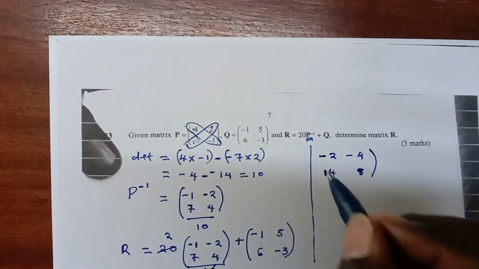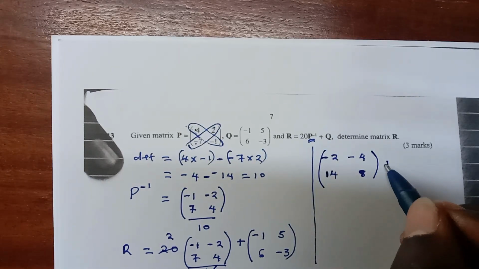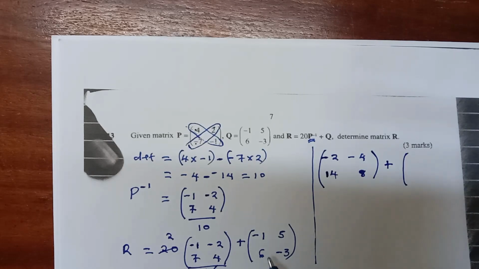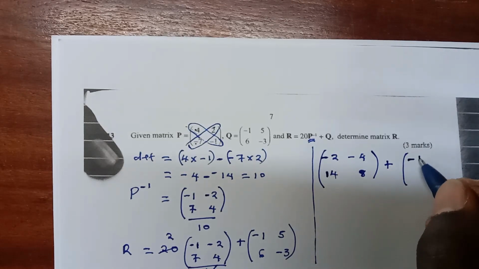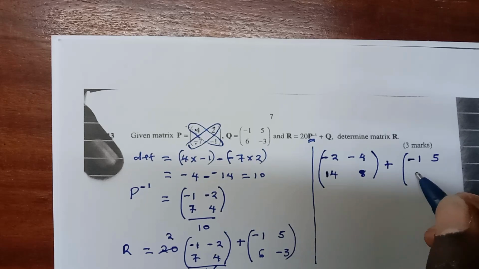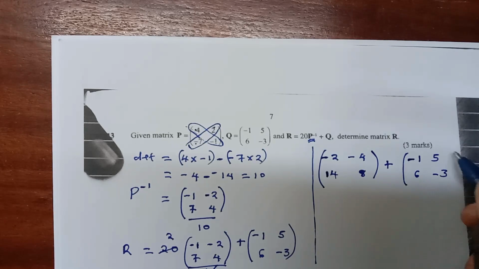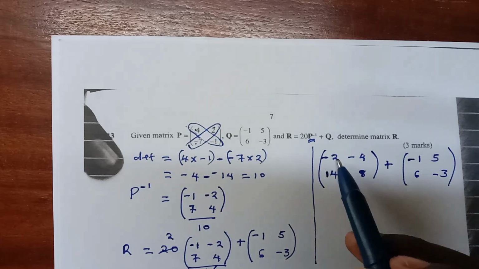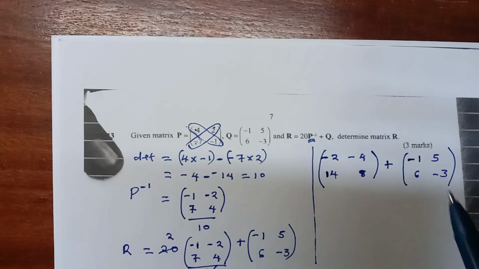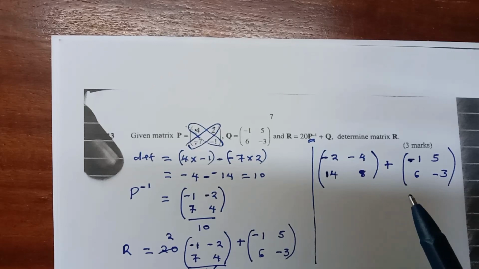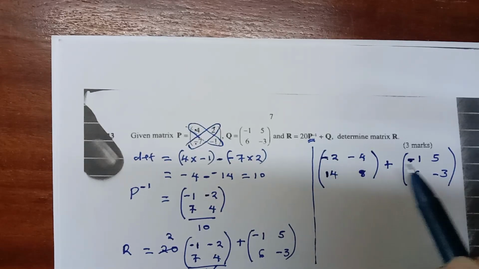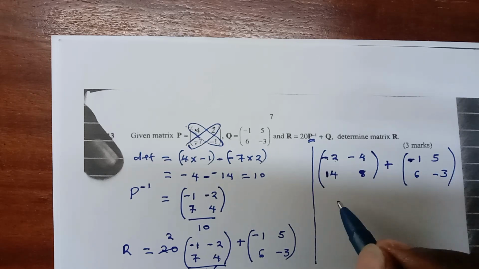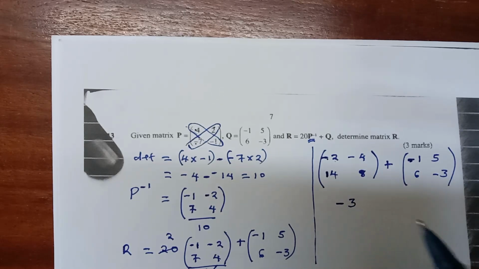Now you are adding Q. In our case, Q is negative 1, 5, 6, negative 3. Every element is added to the element in the same position of the next matrix. So negative 2 plus negative 1 gives us negative 3.